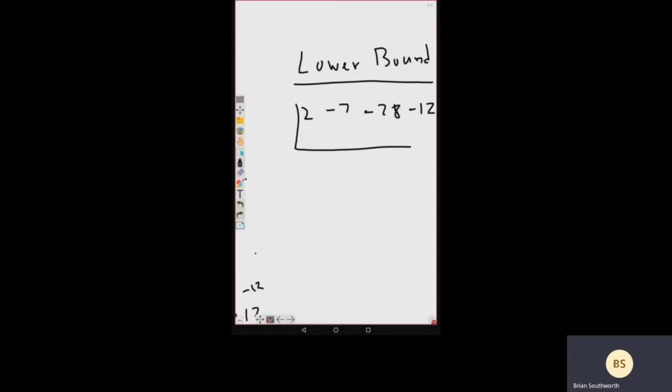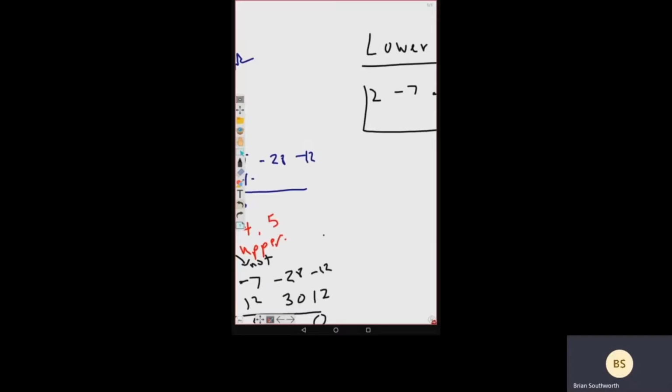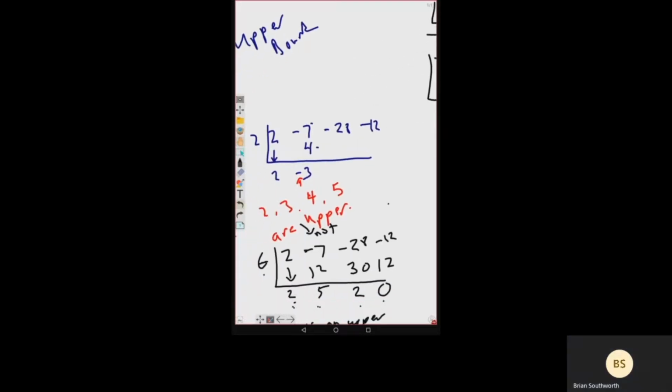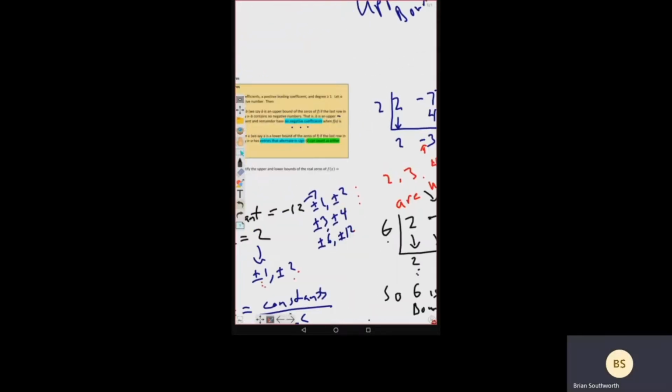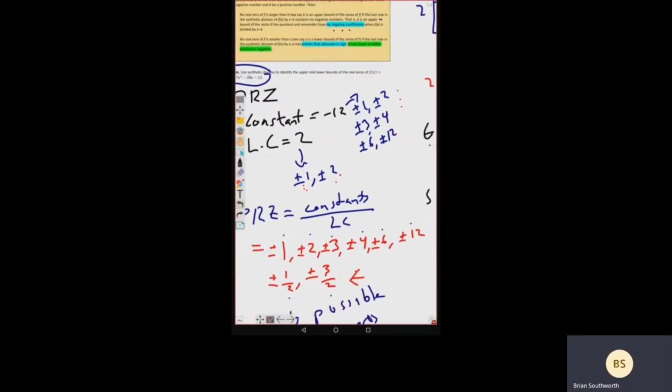For lower bounds, you can choose any number you want, really. But we're looking at our possible rational zeros, these, right?